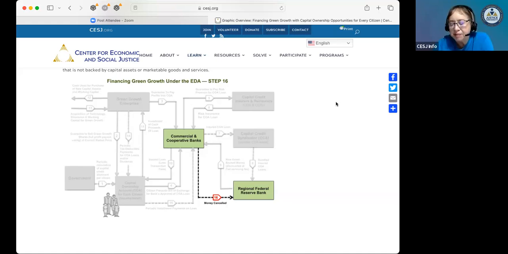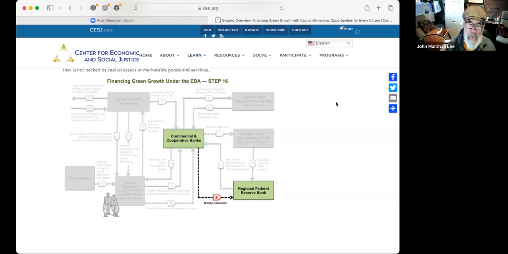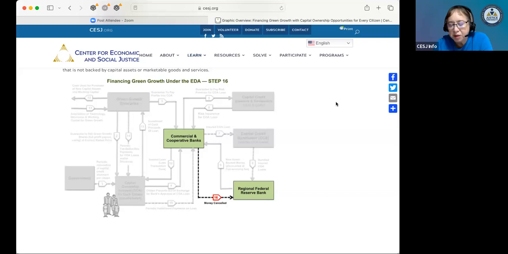John, if I understood you, were you asking about once the loan is repaid, does the corporation continue to pay out dividends to the capital ownership account? Yeah, well, I'm confused with the terminology. So that's where I was, but no, it doesn't, because that deal is done, isn't it? Well, no, the loan is paid off.